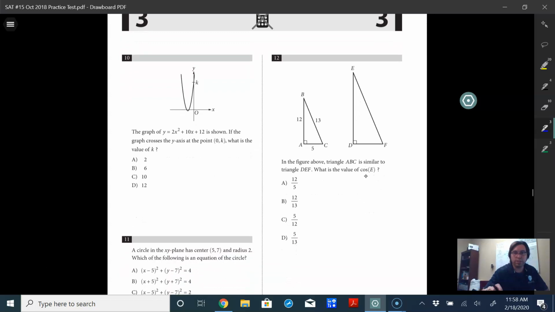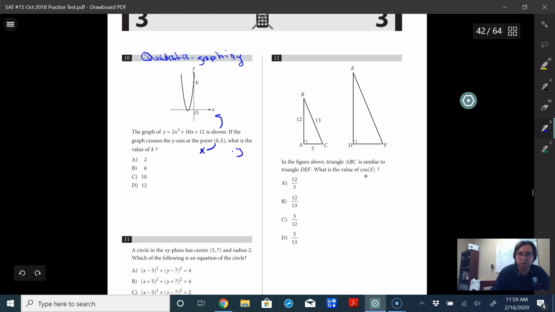Alrighty, so what we then need to see here, it says 10, we see we have a parabola, and so we see this quadratic that we have. There's quadratics or parabolas, and it's kind of a graphing one here, and so we're trying to interpret this piece here. So if the graph of y equals 2x squared plus 10x plus 12 is shown, which is what's above here, if the graph crosses the y-axis at point 0, k, that means that if x equals 0, then y is going to equal k.